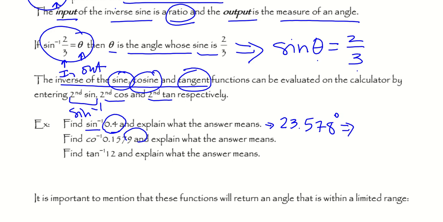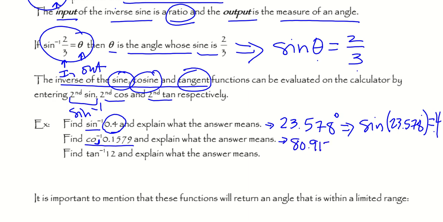And what that tells us is that the sine of 23.578 degrees will equal 0.4. If we put in the inverse cosine of 0.1579, the calculator is going to give us 80.915.